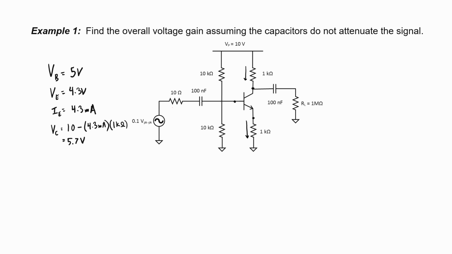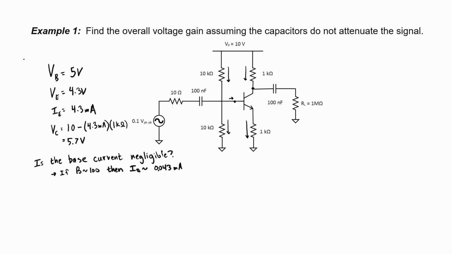Let's now calculate whether the base current is negligible or not. You see, my calculation of 5 volts here at the base relies on me being able to neglect that base current. Was the base current actually negligible relative to the current down through these 10 kilo ohm resistors? Let's find out. Well, my base current is about 1/100th of my emitter or collector current. And here, my emitter current was 4.3 milliamps. So 1 divided by beta times 4.3 milliamps is 0.043 milliamps.